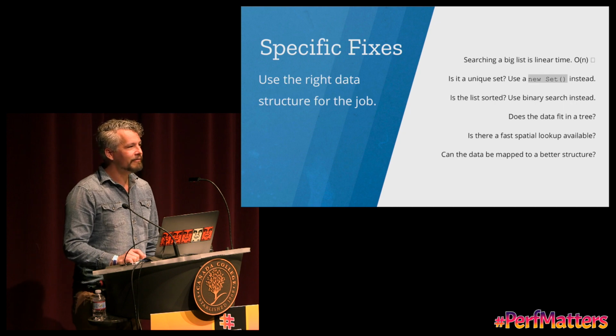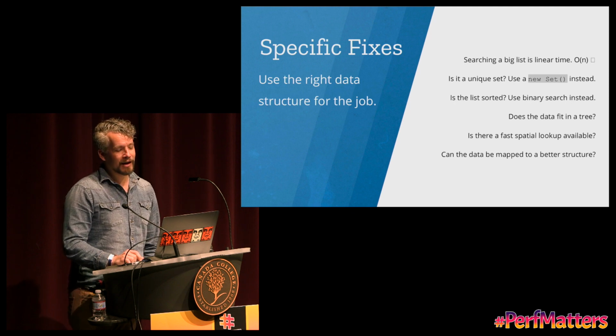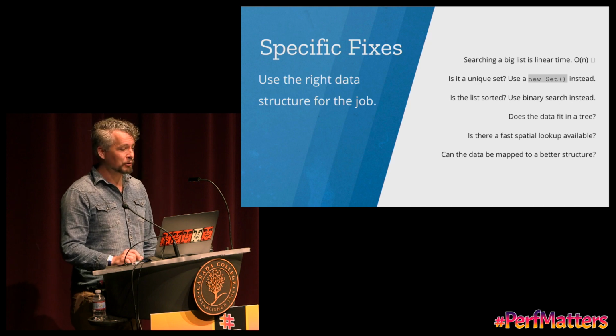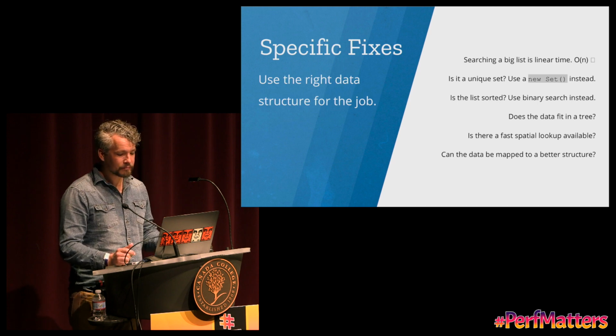And with that, again, I feel like this is somewhat hard to give like a nice nugget on. But the specific fixes is like use the right data structure for the job. So for instance, anytime I see an array and someone's searching on it, I get a little bit nervous. So searching a big list of 1,000,000 items is going to take some time, and if you do it a bunch, it's going to take even more time.